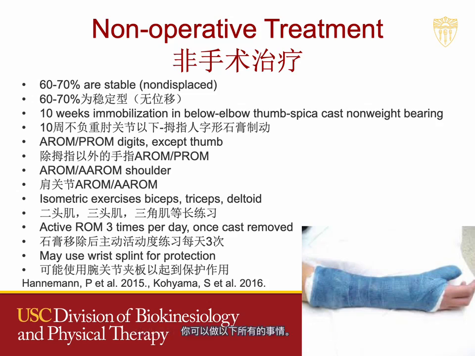You can definitely do isometric exercises for biceps, triceps, deltoid, rotator cuff, all that stuff. Once the cast is removed, you start doing a huge amount of range of motion. Active range of motion is really, really important at the wrist.